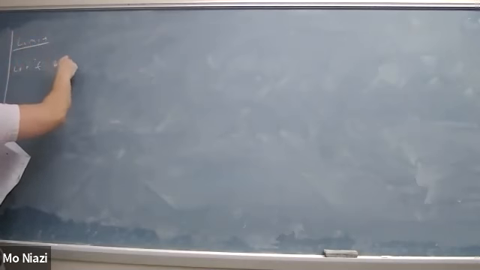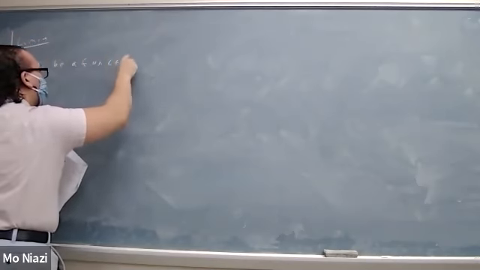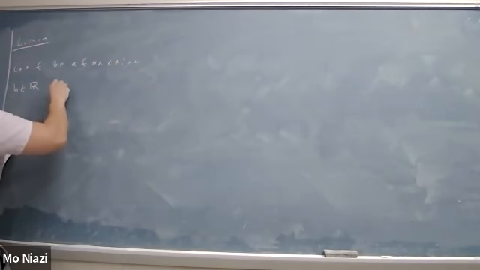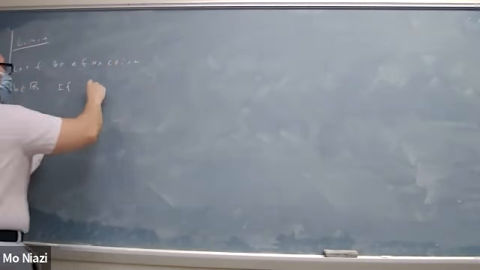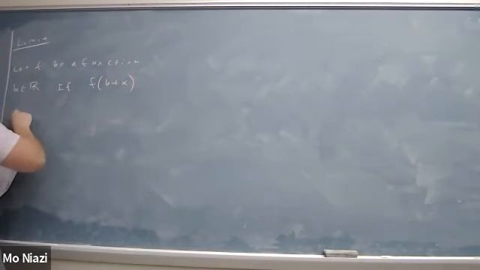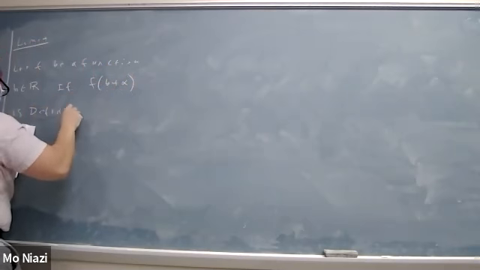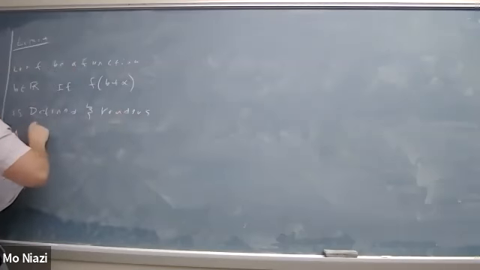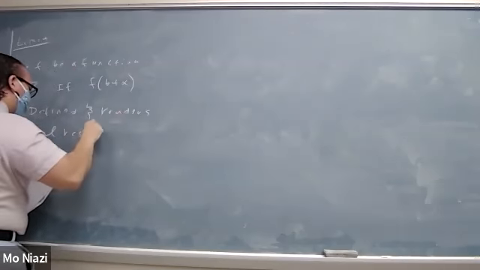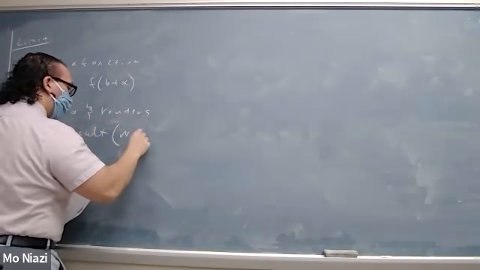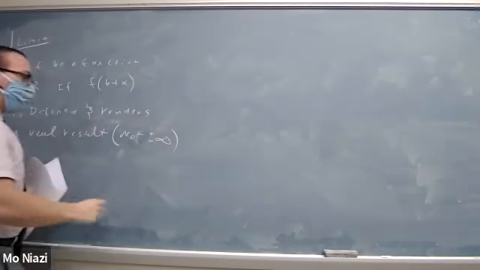Let f be a function, b be a real number, if f of b plus alpha is defined and renders a real result, i.e. not something like plus or minus infinity, right?